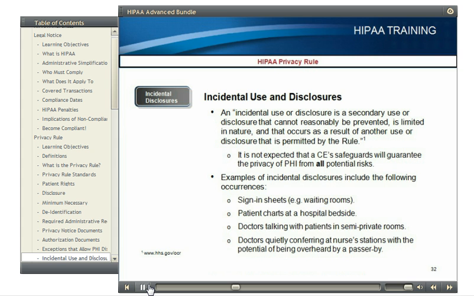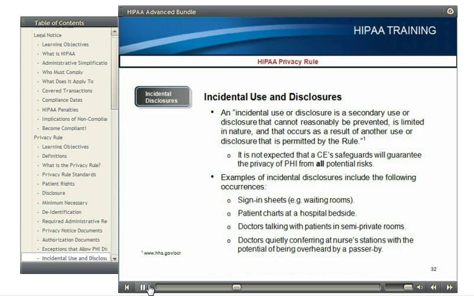Incidental use and disclosures. An incidental use or disclosure is a secondary use or disclosure that cannot reasonably be prevented, is limited in nature, and that occurs as a result of another use or disclosure that is permitted by the rule. It is not expected that a CE's safeguards will guarantee the privacy of PHI from all potential risks.